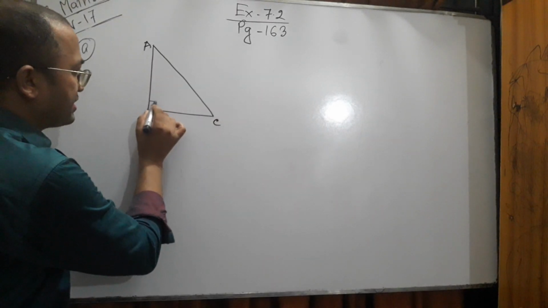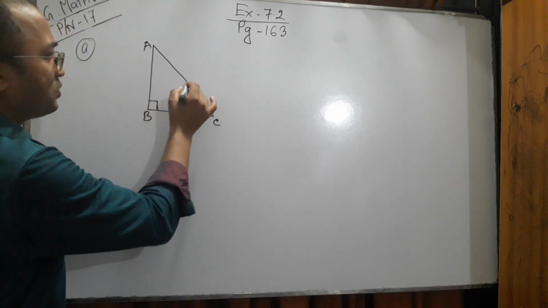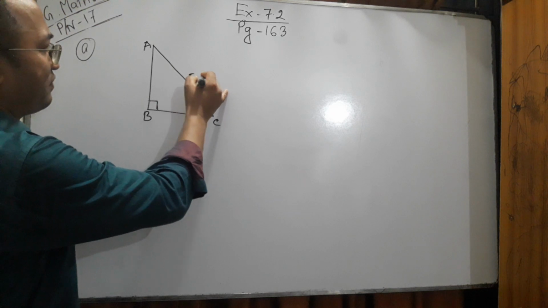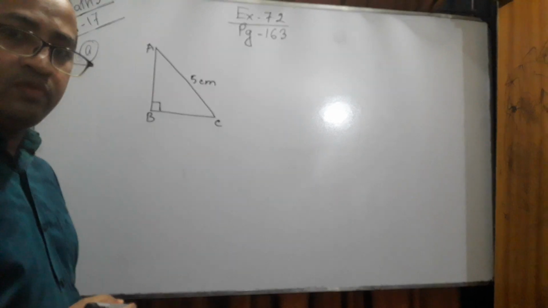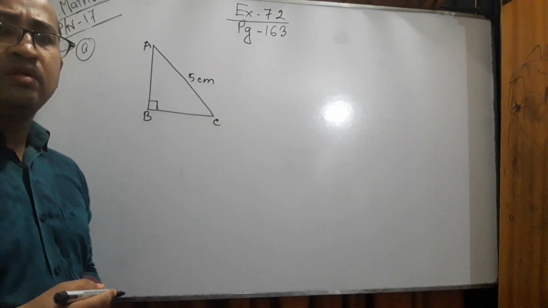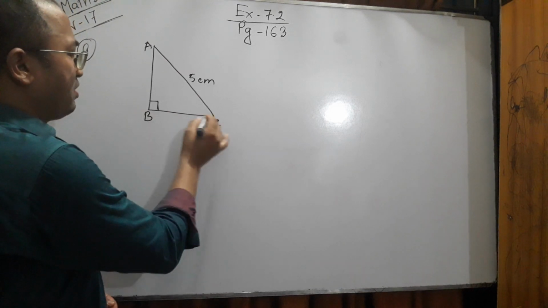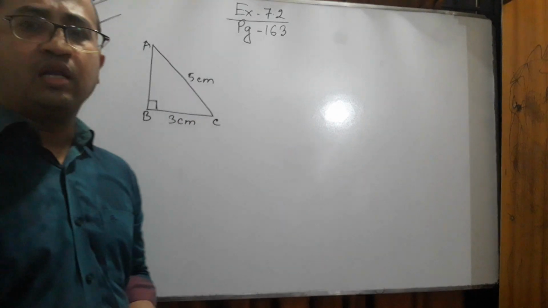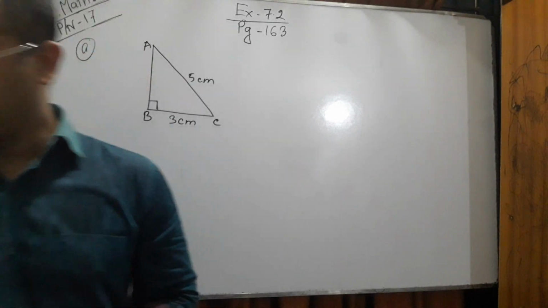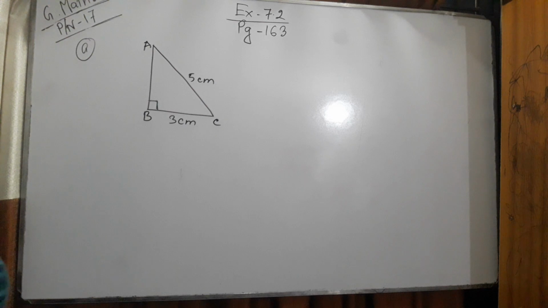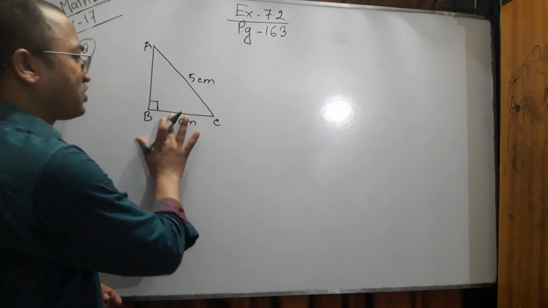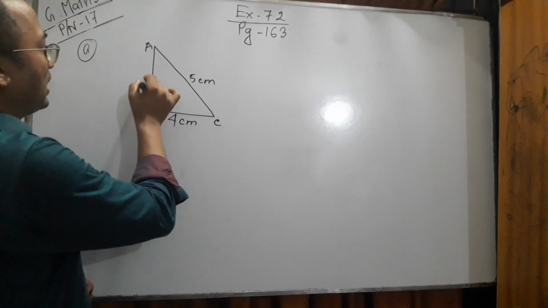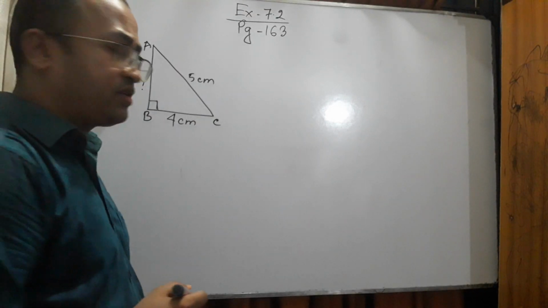Look, B is a right angle, so the side opposite to B is the hypotenuse. So AC is the hypotenuse, that is 5 cm, and one side is, say, BC. Sorry, this is 4 cm, and we will find out the length of AB, the other side.